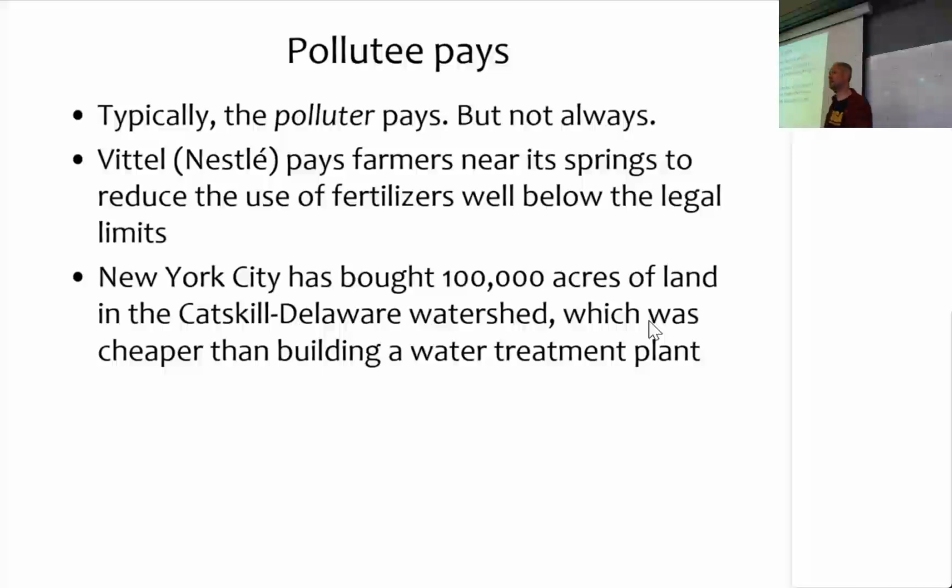Again, overuse of fertilizers and pesticides, and they compared the cost and said water treatment plants are pretty expensive, farmland in this watershed is pretty cheap, we're just going to buy out the farmers, and essentially turned that whole thing into a nature reserve, right? And now we have clean water coming down, don't need a water treatment plant. So, tort of nuisance notwithstanding, it's the victims of the water pollution who are paying here, right?